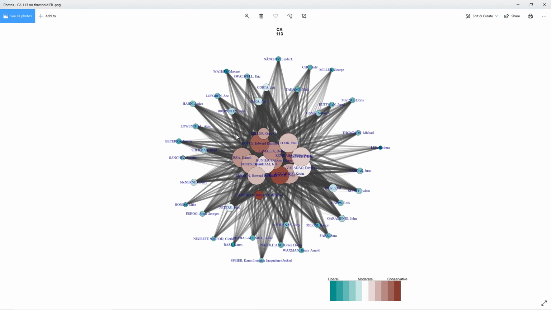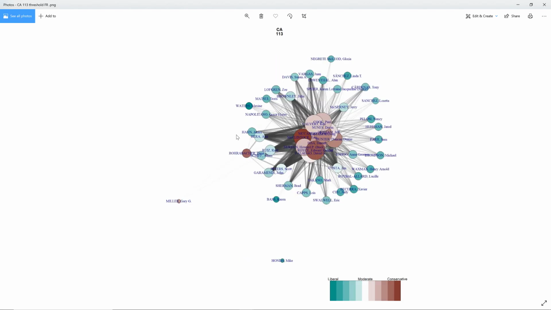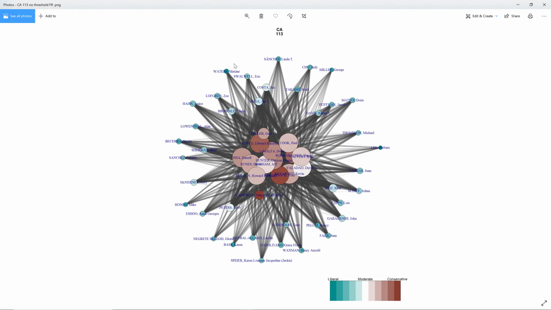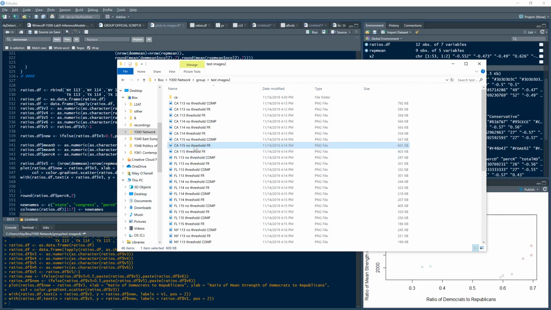Again, I said at the beginning that I wanted to get rid of times where people vote together, not necessarily because they're supporting the other party, but because it's a bill that everyone supports. Like, should we recognize Thanksgiving as a national holiday or something? Everyone's going to support it. So that's the difference between the threshold and no threshold.